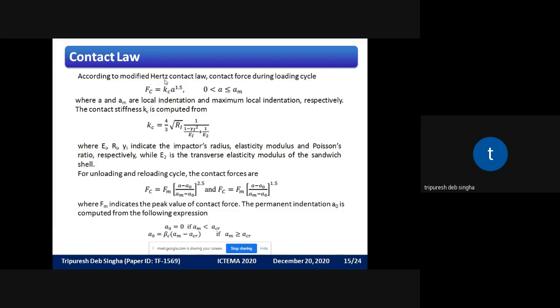For the loading cycle, it is calculated as Fc equal to Kc alpha to the power 1.5. Then for the unloading and reloading cycles, Fc is calculated by this formula, where A0 is the permanent indentation, Am is the maximum indentation, and Fm is the maximum contact force during the cycle.